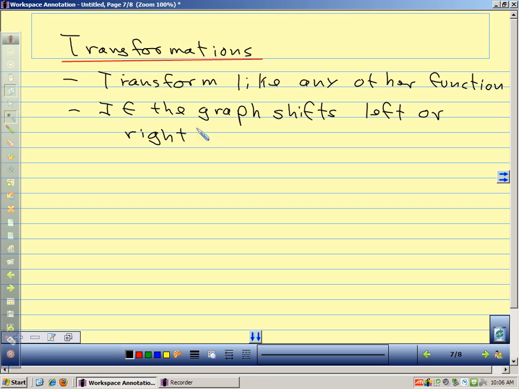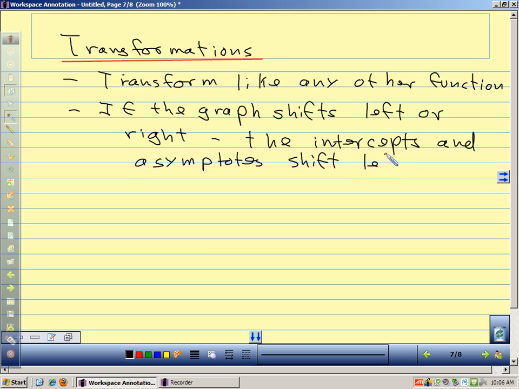Because we have a vertical asymptote, our asymptote is going to shift just like our function does. If we're shifting up and down, because it's a vertical asymptote, that doesn't matter. It's going to have the same vertical asymptote. So the asymptote and intercept shift left or right with our function.